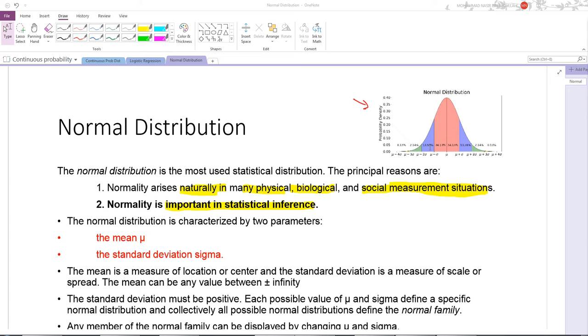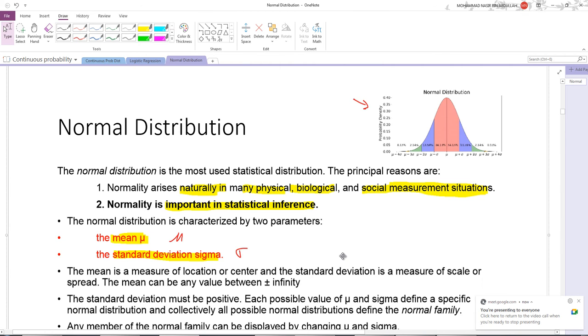And then the mean is equal to the median, which is also equal to the mode. Then we have a normal distribution. So normal distribution takes two parameters, which are the mean, mu, and the standard deviation. The notation for the mean is mu, and the standard deviation is sigma, right?